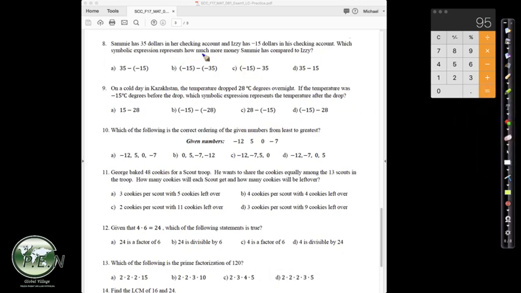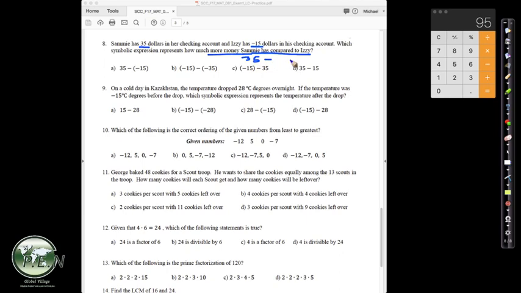So Sammy has $35 in her checking account. Izzy has -15. He, or she, has overdrawn their account. But the question is, which symbolic expression represents how much more money Sammy has compared to Izzy? So we're comparing really the difference between these two. Who are we starting with? Sammy compared to Izzy. So Sammy's got to go first, $35.